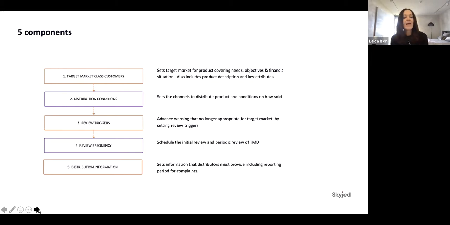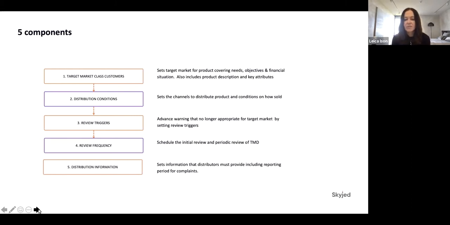The fourth area is the review frequencies. So we know when we set these target market determinations, we've got to do a first review, and that again sets your ongoing reviews of your product throughout the year. And then finally, the distribution information. So this area, as we set it and think through what we need, it's really about what type of information do we need back from that distribution channel as product leaders?